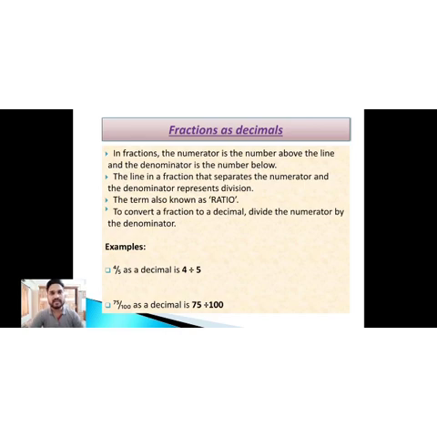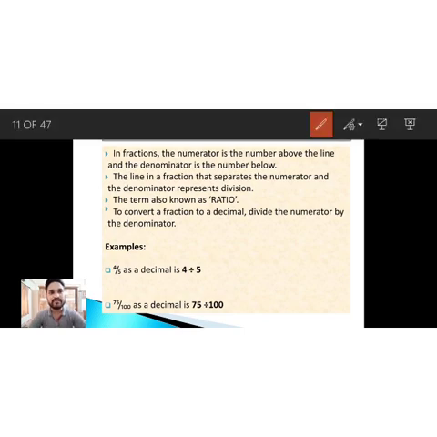Let us take the example 4 by 5. As a decimal, it is 4 divided by 5. Now what do we have to do? We have to just divide. It means 4 divided by 5. Since 4 is lower than 5, we take 0 and a point. Now again take a 0 over here.